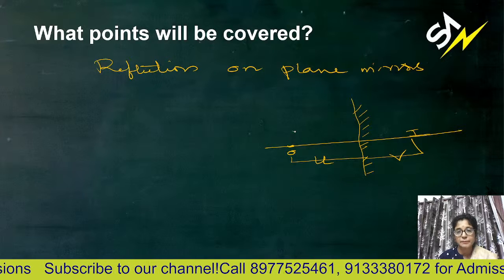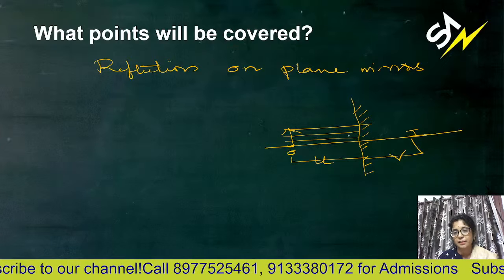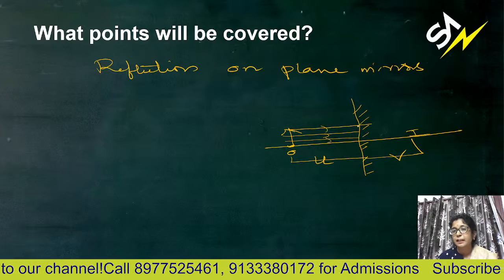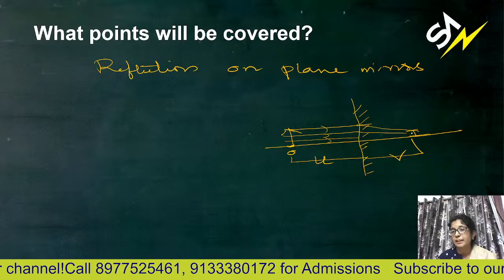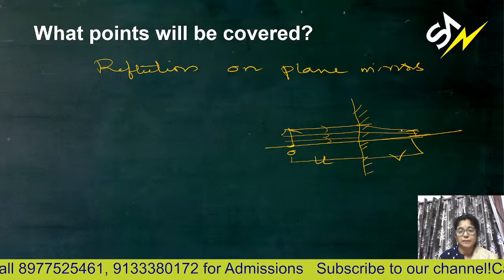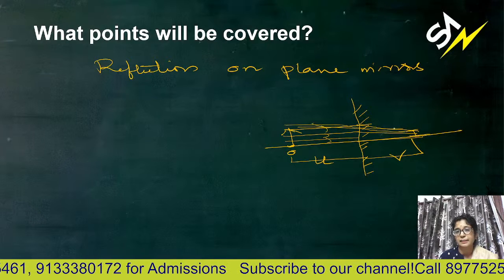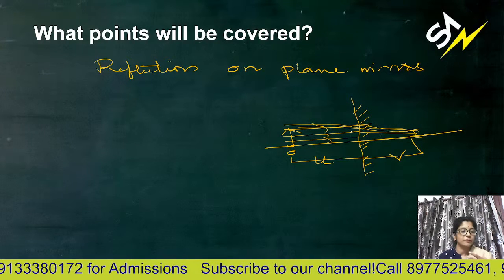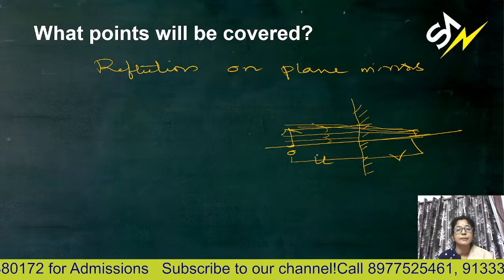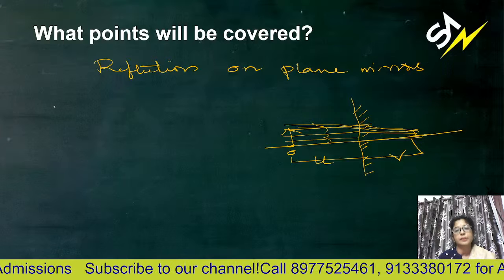Light rays from the object fall on the mirror initially and then the image is formed somewhere at the back of the mirror. Once the image is formed at the back of the mirror, those light rays come back and fall on our eye so that we can see our own image in the mirror. This is what is happening.